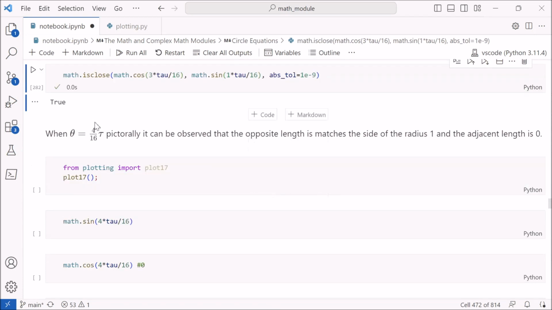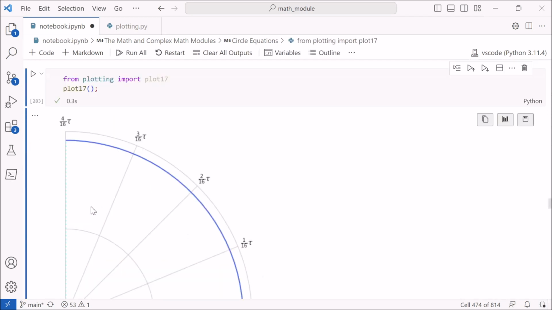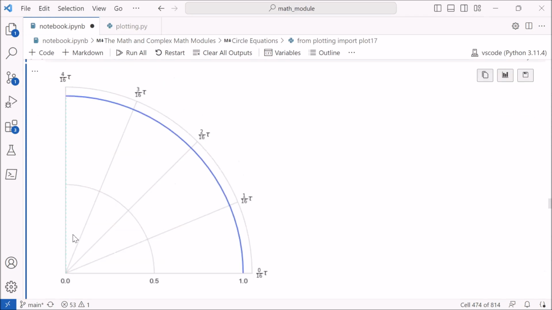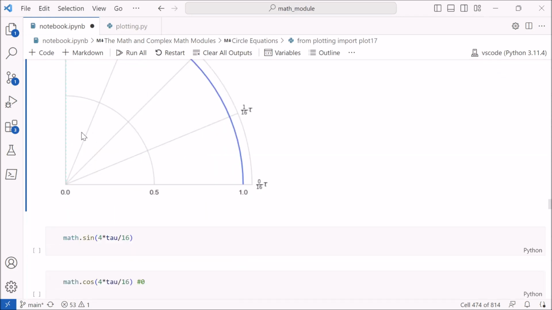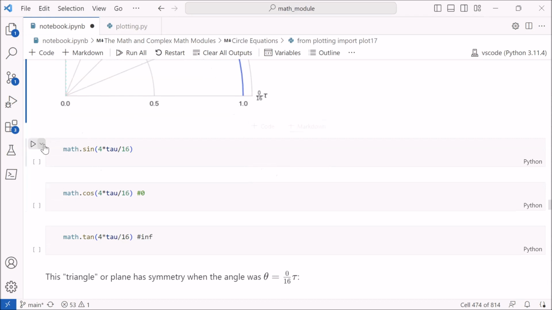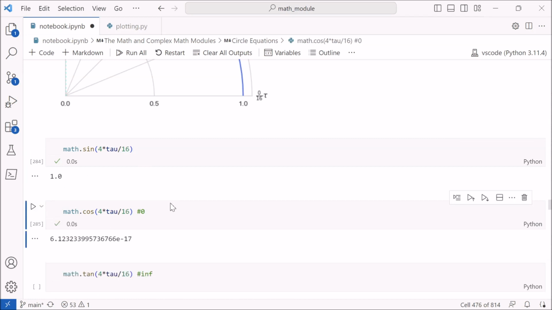So if we have a look at 4/16 tau now, we see that we essentially have no adjacent and everything is along the opposite. So with no component along x, we've only got a y component, which is going to be equal to the radius, which is the length of 1. So this means the sine should be equal to 1, and the cos should be equal to 0.